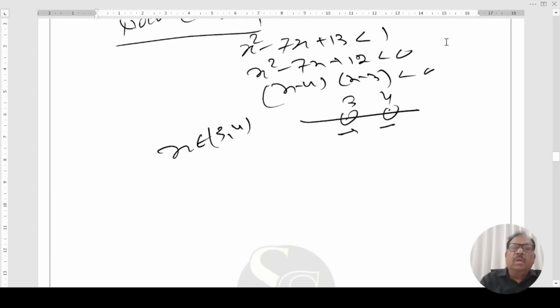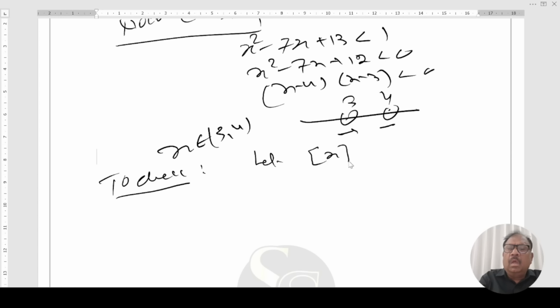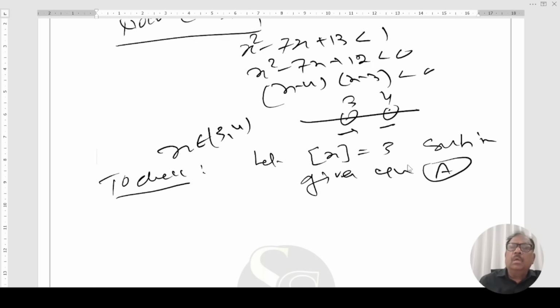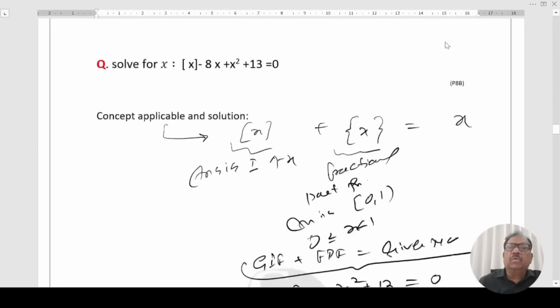Right? Now, to check. Let x equal to 3. Substituting in the given equation A. Which is equation A? The given equation.